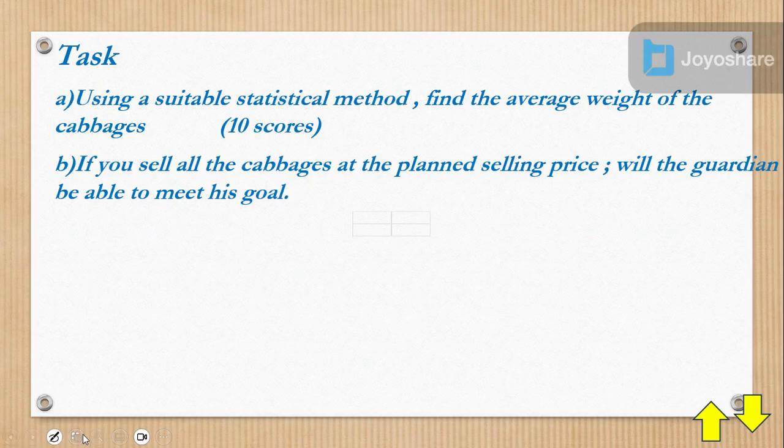The word average, I shall underline it, simply means a mean. So they are asking, find the mean weight of the cabbages, 10 marks. Part B, if you sell all cabbages at the planned selling price, will the guardian be able to meet his goal? Okay, let's go there.